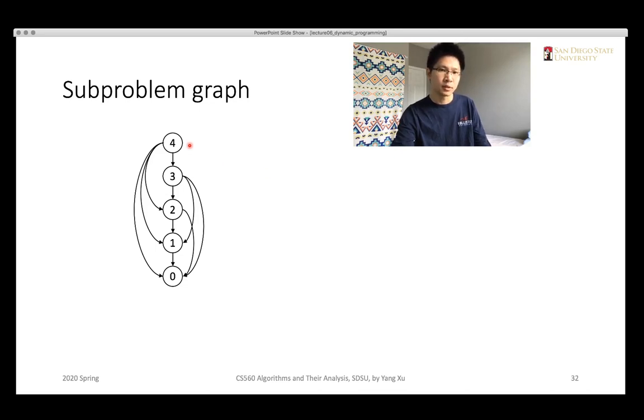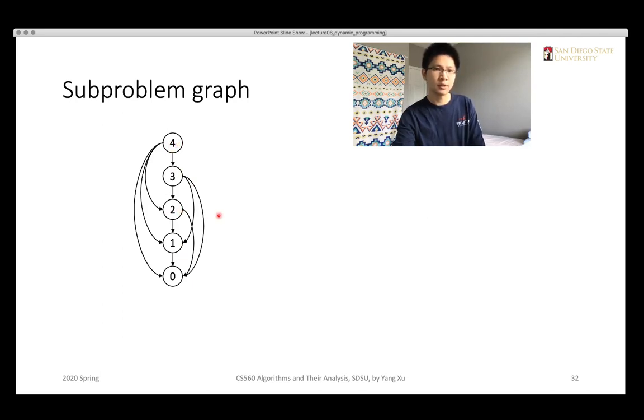Okay, so it's basically based on the recursion trees, but with the nodes with the same values merged. Okay, so it looks like a state machine. So it's like the transition between state 4 to state 3 to 2, 1, 0.